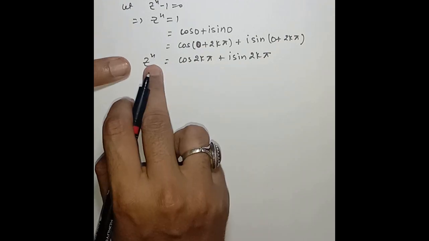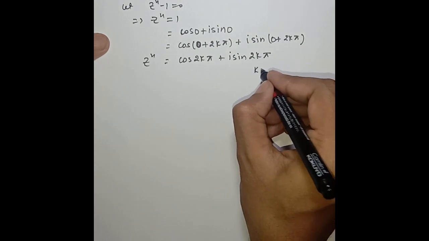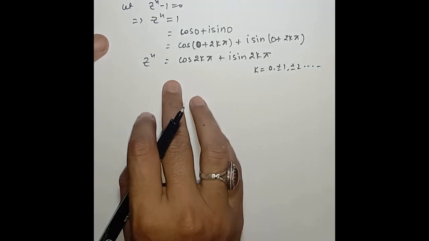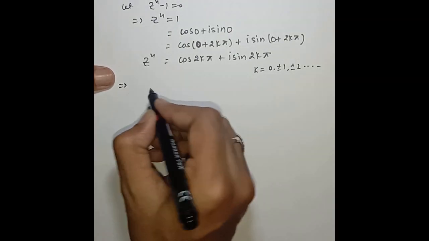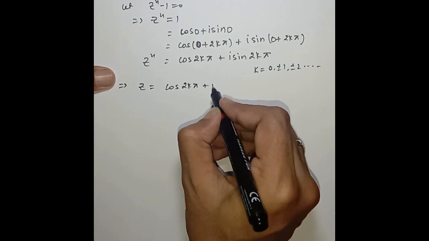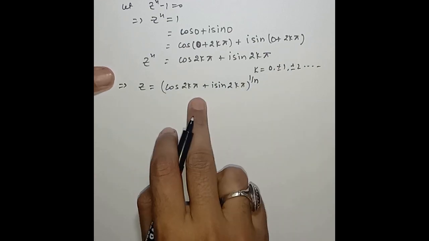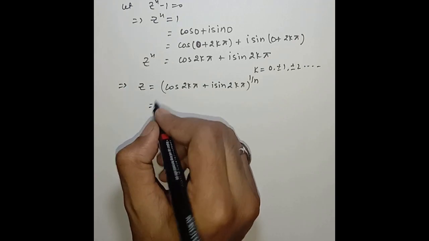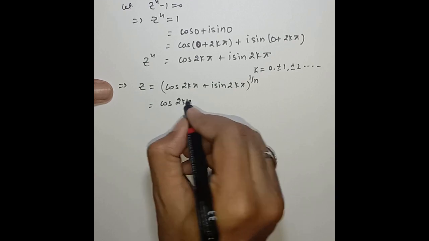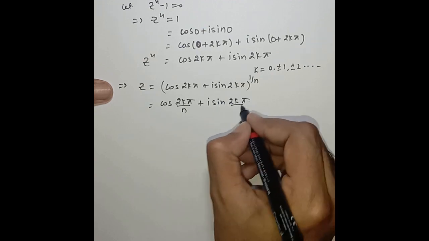For z to the power n, we have cos 2k pi plus i sin 2k pi, where k may be 0, plus minus 1, plus minus 2, and so on. This implies z is equal to (cos 2k pi plus i sin 2k pi) to the power 1 by n. By the use of de Moivre's theorem, we know that z is cos 2k pi by n plus i sin 2k pi by n.